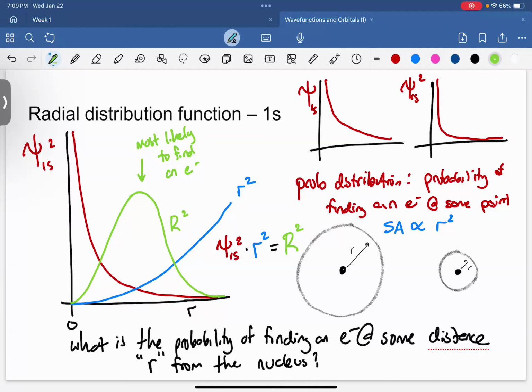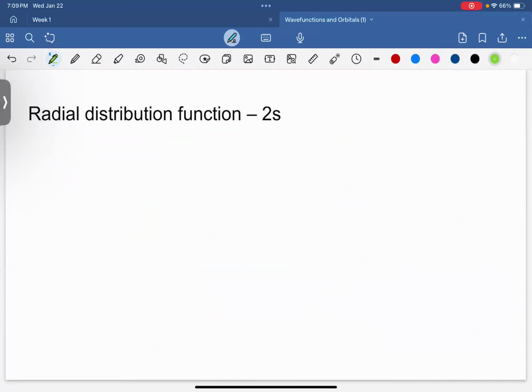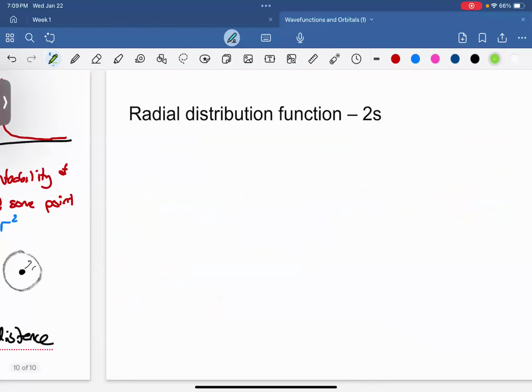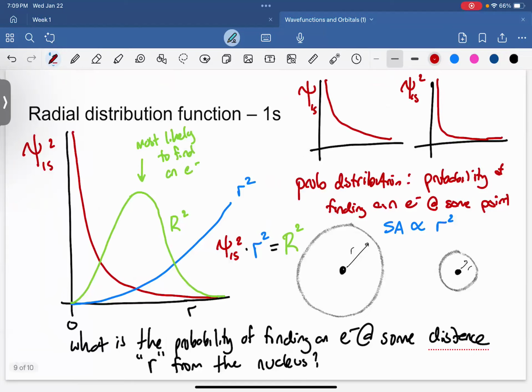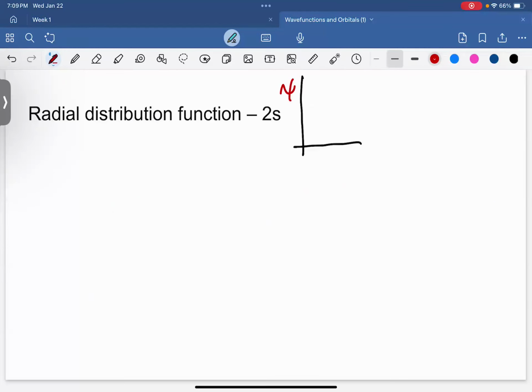Okay, so last thing I'm going to do here is just talk about the radial distribution function for a 2s orbital. It's going to be very similar. The only difference between these 2 things is that our wave function is different. So rather than having a wave function that is positive everywhere and just decreases, psi 2s now is positive there, then goes negative and approaches back to 0.